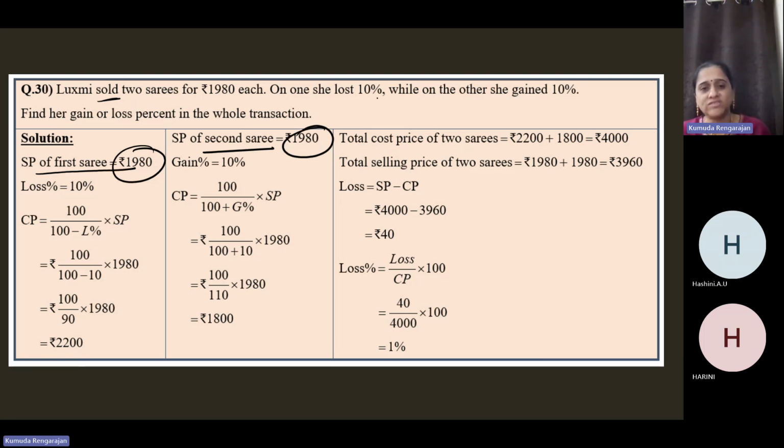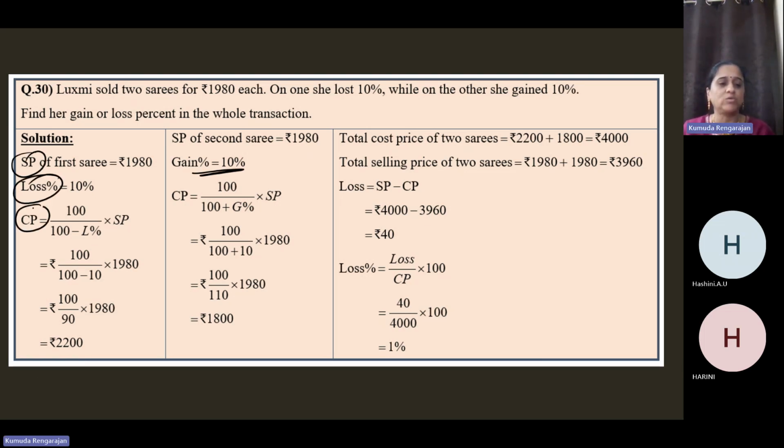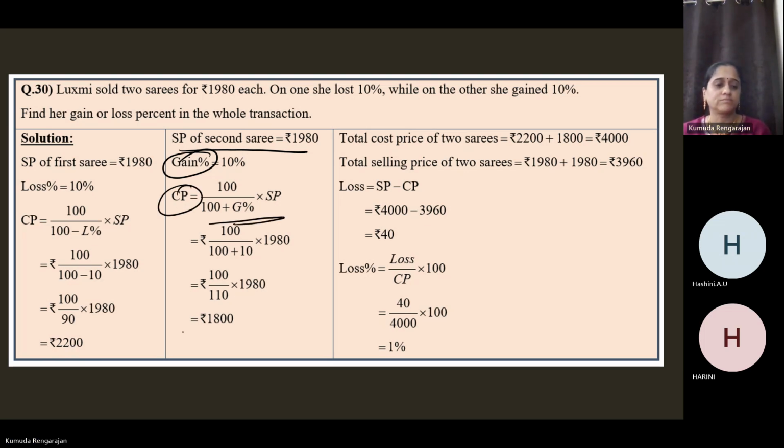On one, she lost 10%. So on the first sari, loss percent is 10%. On the second sari, the gain percent is 10%. So using SP and loss percent, find the CP using the formula. And here using SP and the gain percent, find CP using the formula. The formula is different.